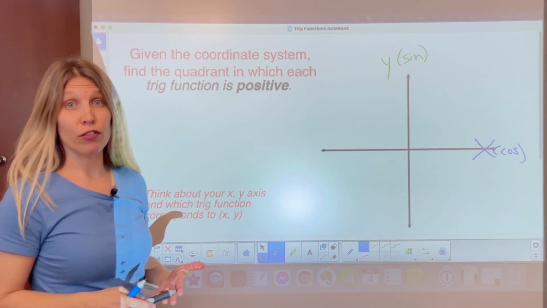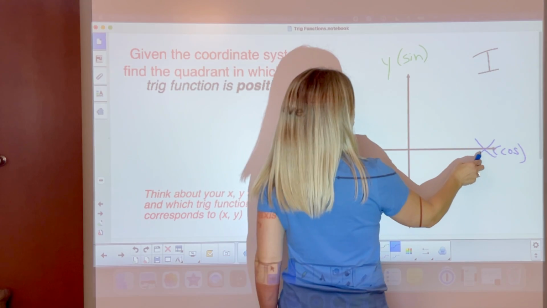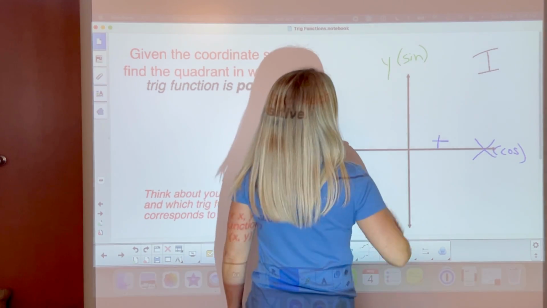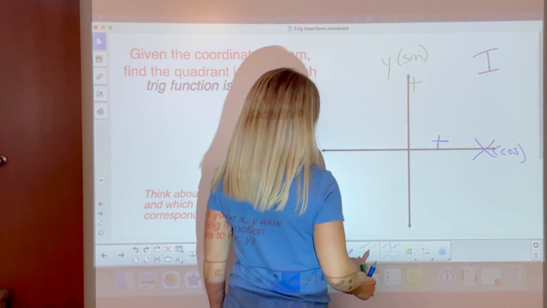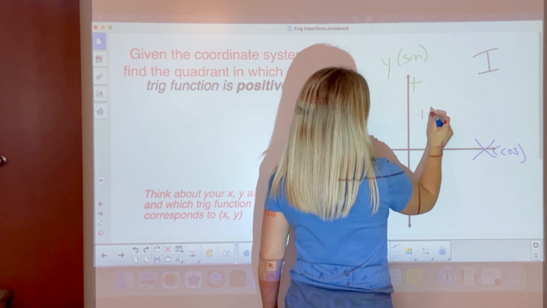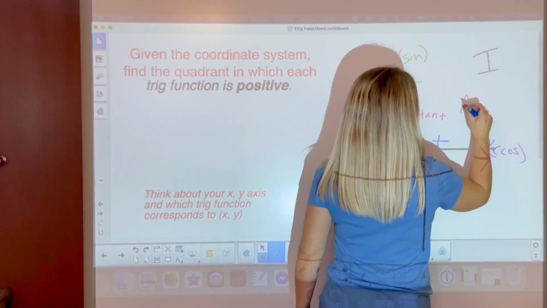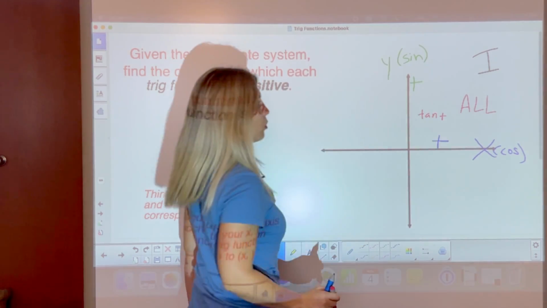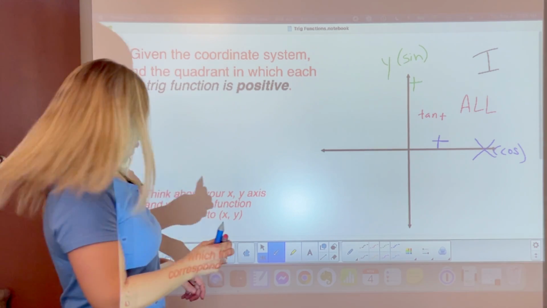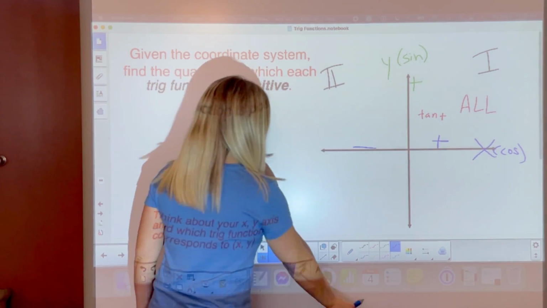Okay, let's see how this affects your trig functions. If you are in quadrant 1, your cosine is your x values. These are all positive values. Your y values are positive up here, which means your tangent values are also going to be positive. So that means all of the trig functions in quadrant 1 are going to be positive. Let's try quadrant 2. In quadrant 2, your x values are negative.